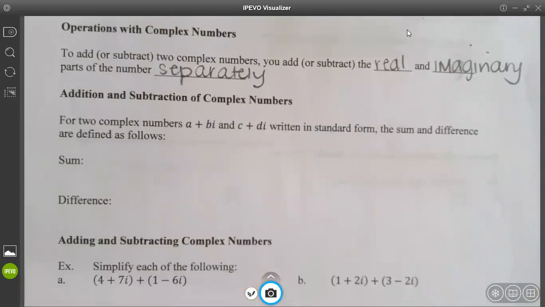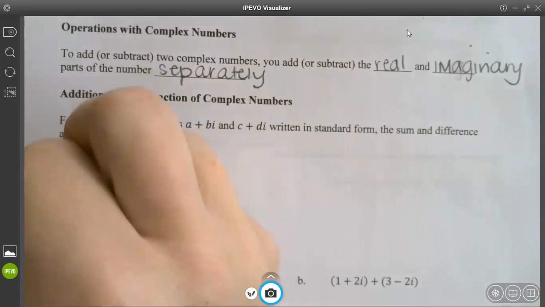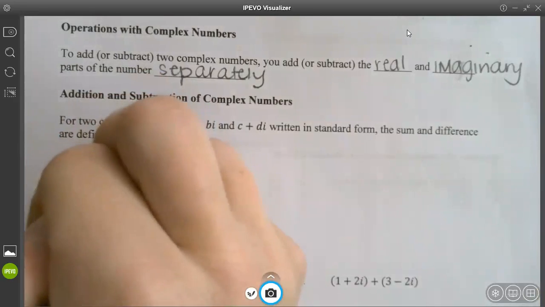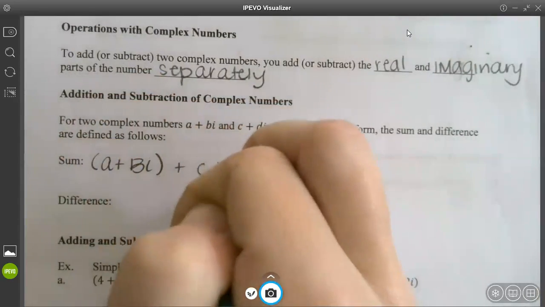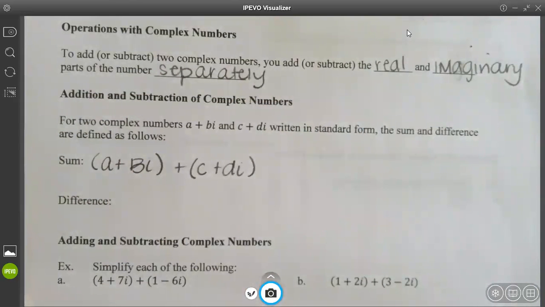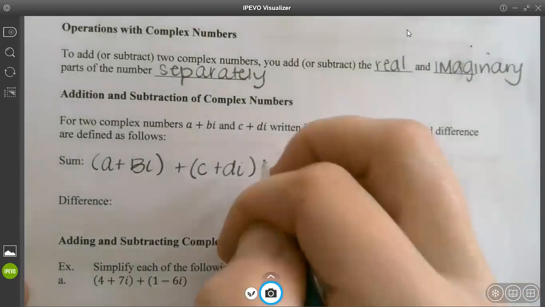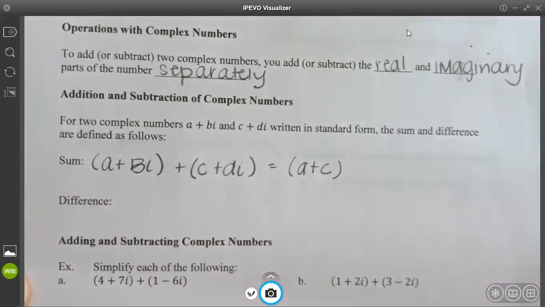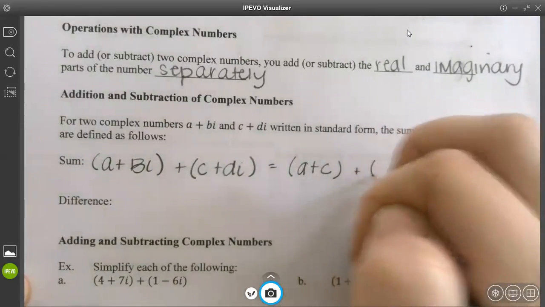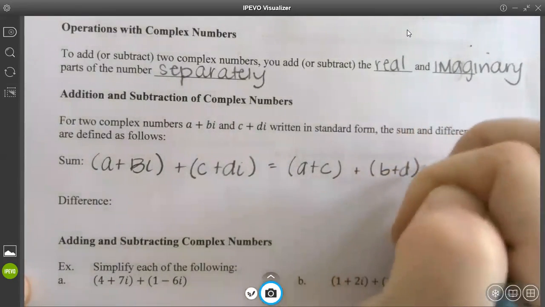So for two complex numbers, a plus bi and c plus di, written in standard form, the sum and difference are defined as follows. If we had a plus bi plus c plus di, the way that we would put it together is you add the reals, add the imaginaries.